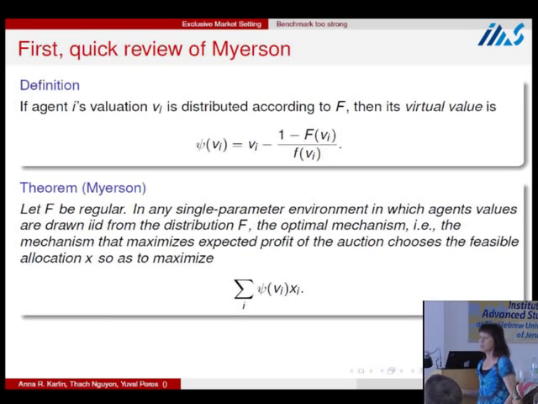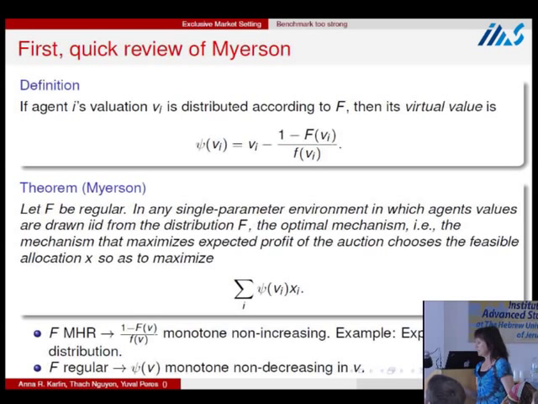So instead of maximizing surplus, as in, let's say, VCG, you maximize virtual surplus. Okay? And then you have to do something else if the distribution is not regular, but I'm not going to get into that.